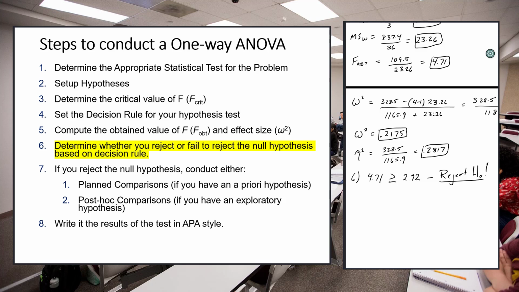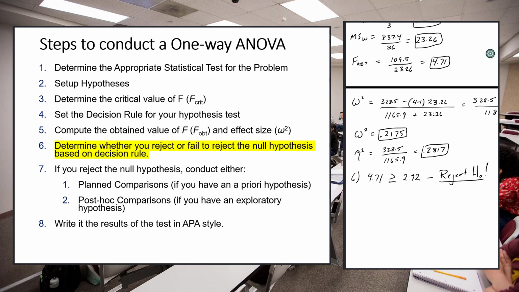And so in order to determine that, we need to do either planned comparison or post-hoc tests. So it's very important to understand that a significant F means that you need to investigate further. If it was not a significant F, we would completely skip step 7. We would not need to do those.